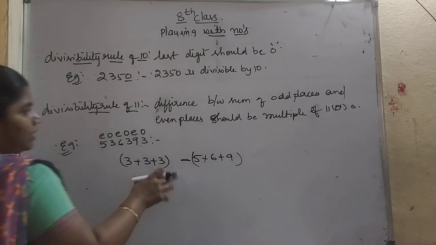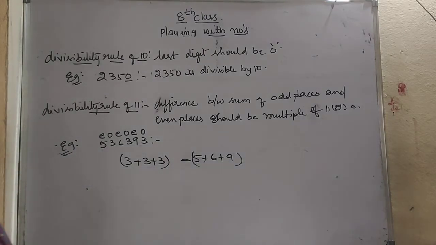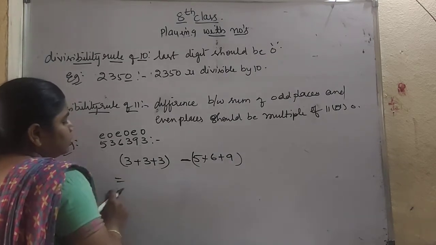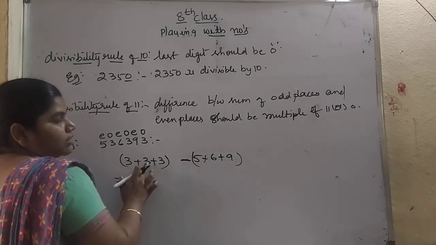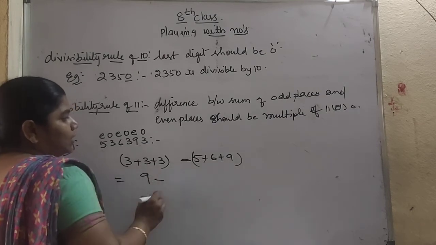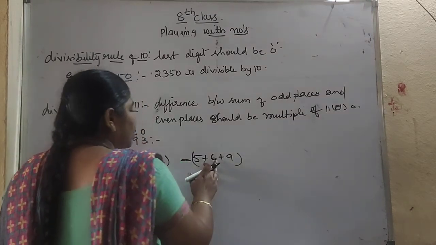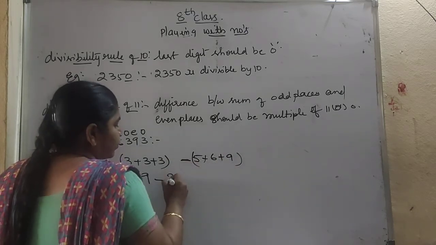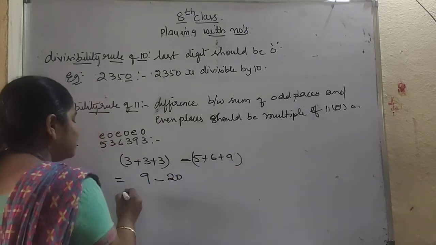So if you get the result as a multiple of 11 or 0, then it will be divisible by 11. So 3 plus 3 is 6, 6 plus 3 is 9, minus, 6 plus 5 is 11, 11 plus 9 is 20. So it will be 20. 20 minus 9 is how much?